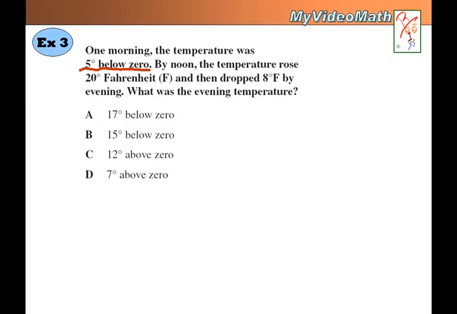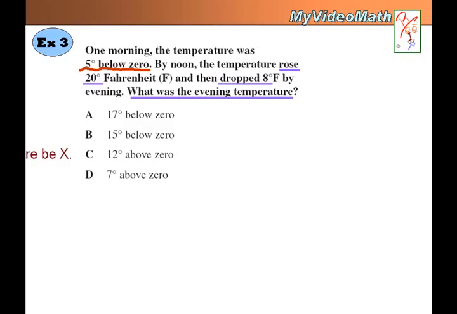How do we represent 5 degrees below zero? You're right, -5. By noon, the temperature rose 20 degrees and then dropped 8 degrees by the evening. What we need to know is what was the evening temperature?